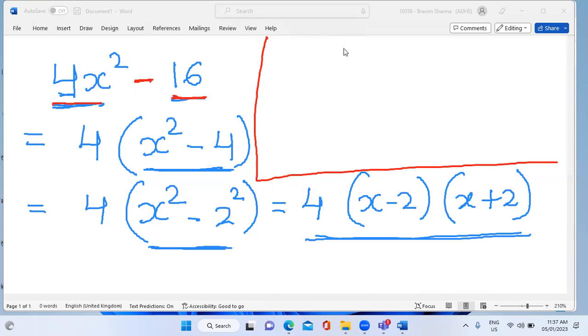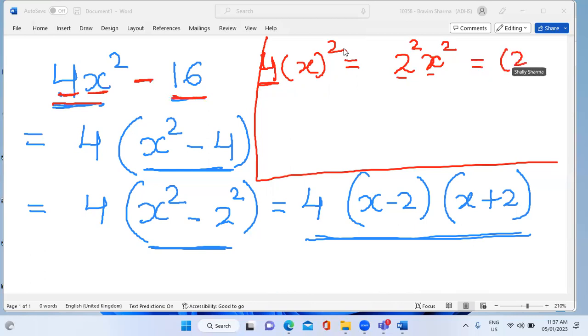Now 4x squared is not a square of 4x as written, because the term should be completely like this, but here we have 4 outside and then x. So what I can write is, 4 can be written as 2 squared times x squared, and because both numbers in the multiplication have the same power, I can write them in a single bracket with the exponent 2. Also 16 can be written as 4 squared.